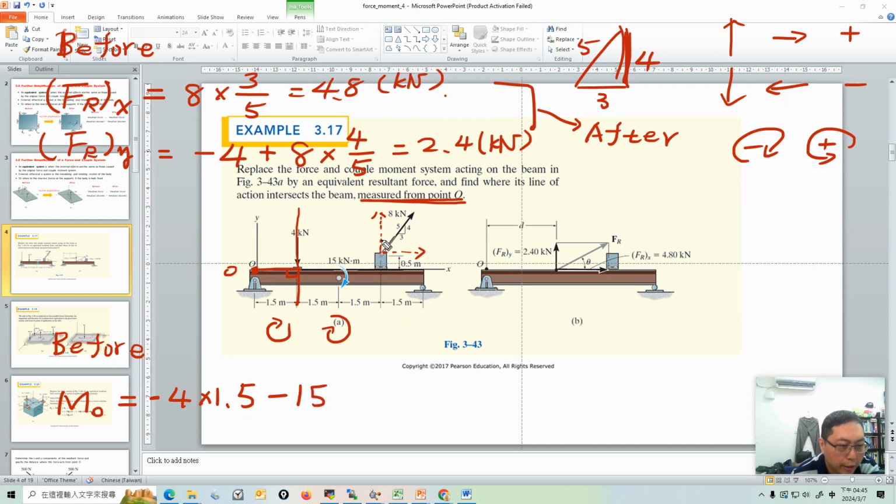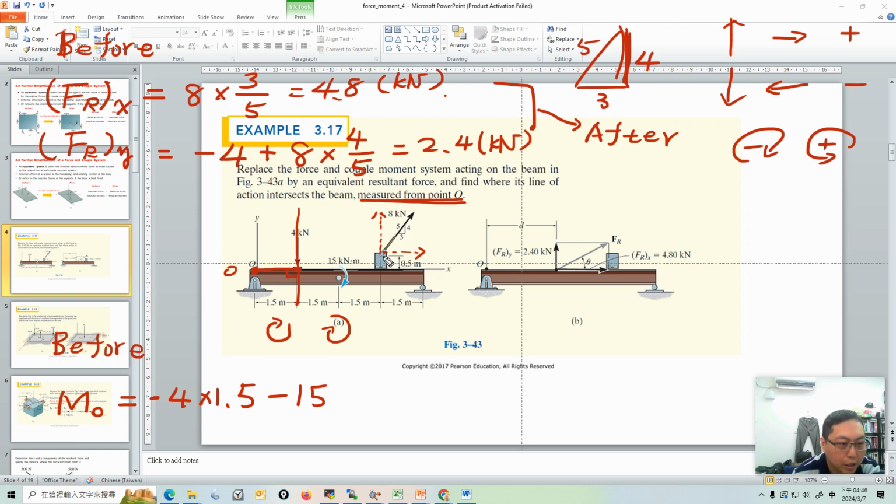Let's look at this force. Sometimes when we come to a moment, it's better to decompose the force, which makes life easier for this kind of problem.